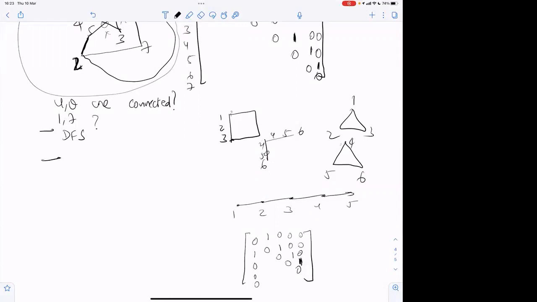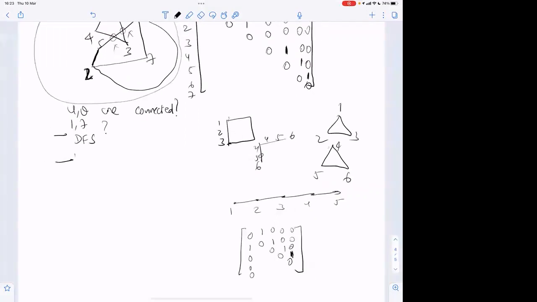So if you consider A to the power n, A to the power 5, and you are looking for connectivity between 1 and 4, you would find that A to the power 5 of (1, 4), in fact A to the power 5 of (1, i), is equal to 0.